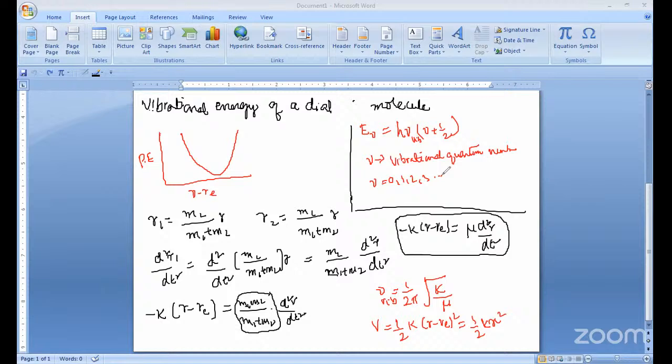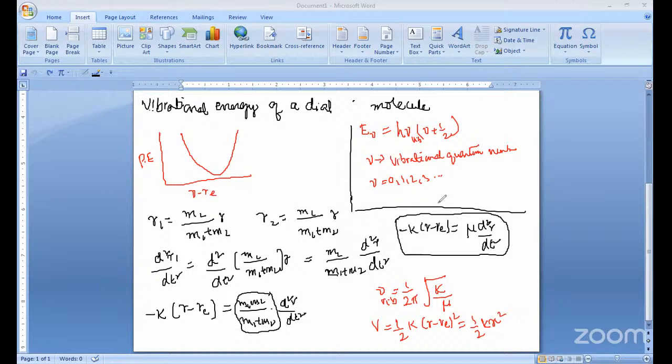In this case, we have a special feature of the quantum mechanical oscillator, which is the existence of a zero point energy, which is half hν oscillation.